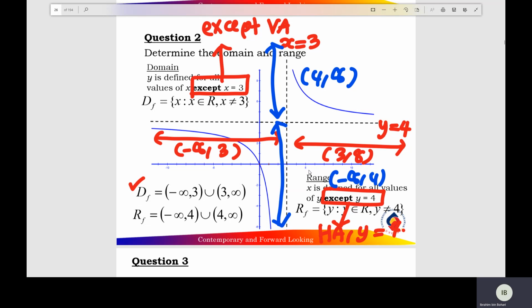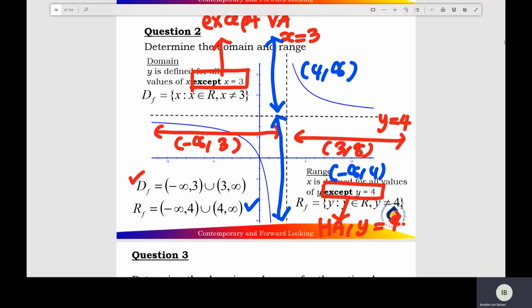Okay, the range of the rational function from the bottom up is negative infinity to y equals 4, union 4 to positive infinity. Okay, question 2 and question 3.